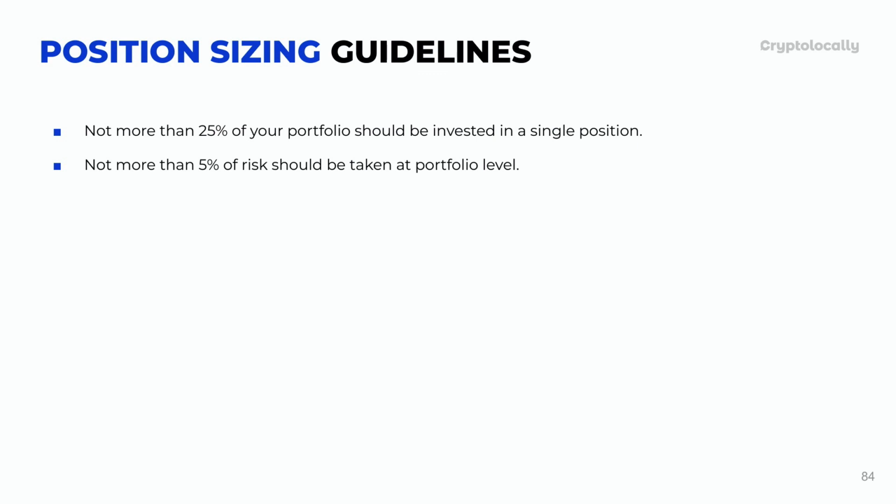Either you close the previous position and then enter the new opportunity that you just saw. So always use 25% of your portfolio to trade in a particular position. So by the time you see more opportunities, you have more money on the table to trade. Second one is you must not risk more than 5% of your portfolio in a trade.